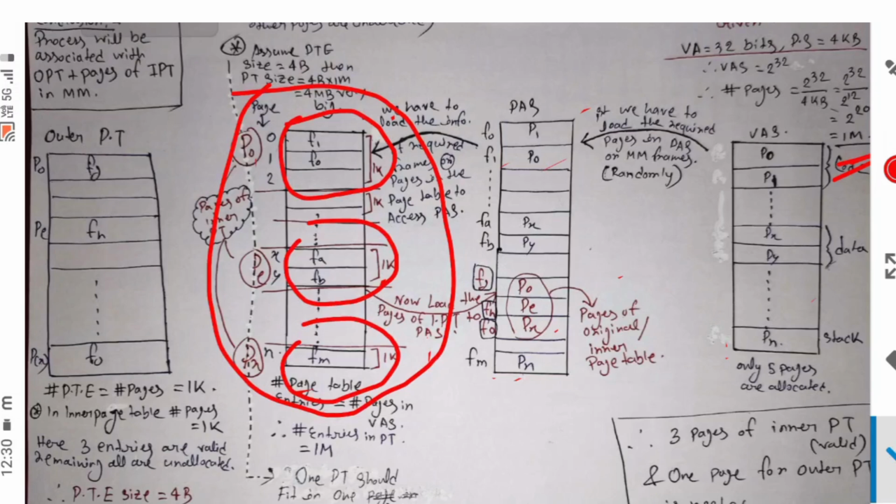At first we have to name these pages. Like the first chunk we name P0, the second chunk we name PE, and the third chunk we name PX. Now again we have to repeat the same process.